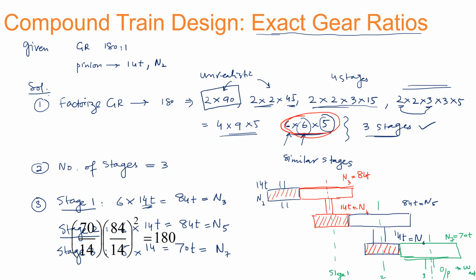The fourth step is going to be like checking whether you have done the whole stuff or the process correctly, and that is when you multiply these gear ratios together.